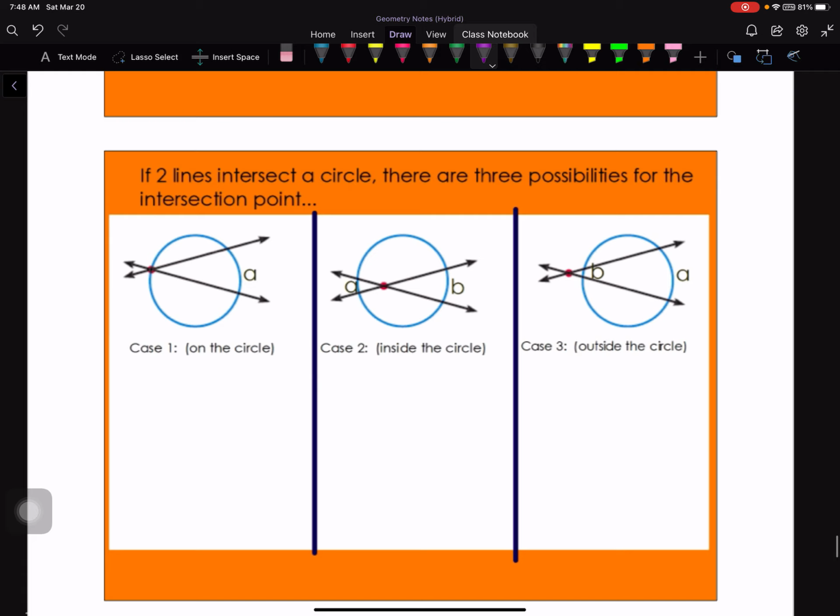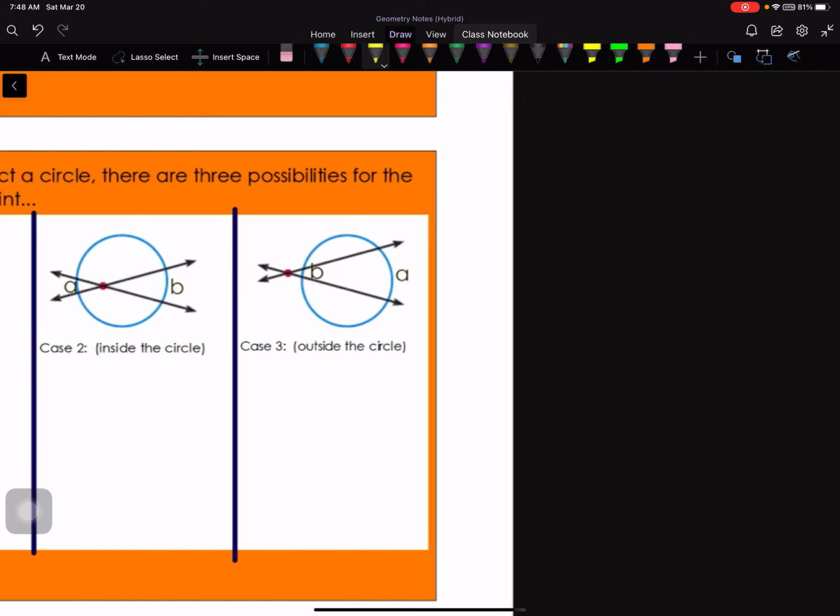All right, so we talked about central angles to begin with, and just a reminder, a central angle is where the vertex is at the center, and if this was like 41 degrees, the arc was also 41 degrees.